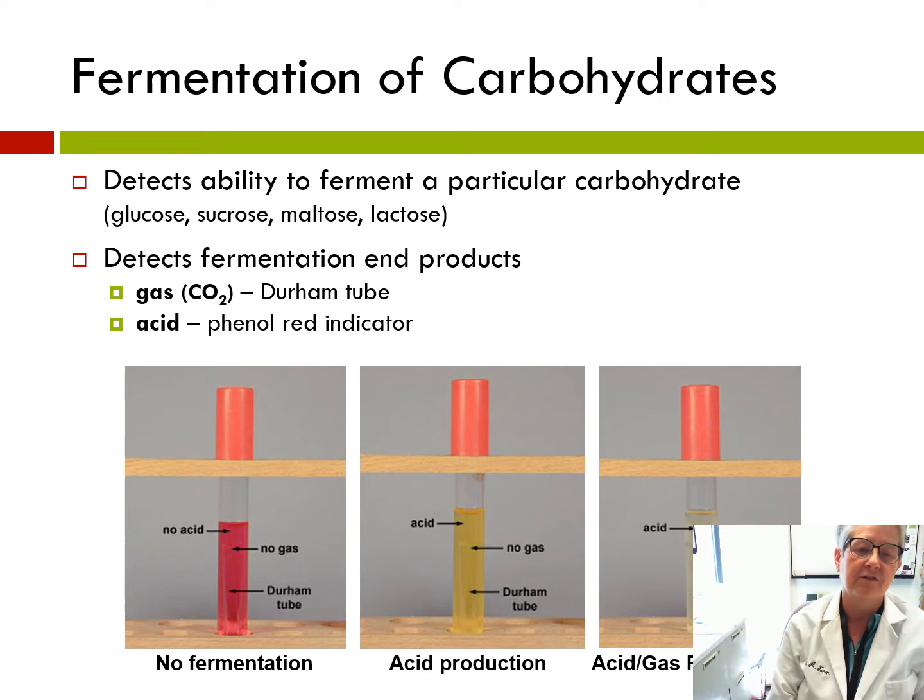I'll show you that in another photo. And if it produces acid as an end product of fermentation, we'll have a color change. This media uses phenol red, a pH indicator. With no acid production, the phenol red tube will be red. But if acid is produced, then the pH drops and the phenol red indicator will turn yellow.